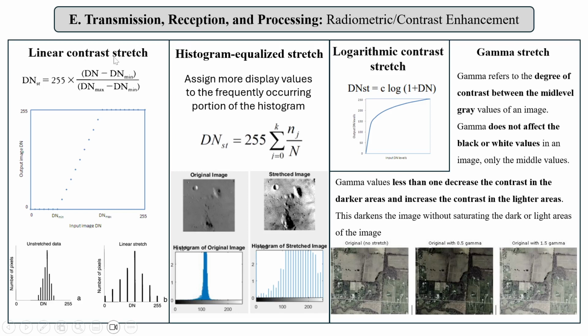The first one is linear contrast stretch. If you see this original image, the DN value is from DN minimum, starting from here. The x-axis is representing the input image DN, so its range is from DN min to DN max, and the y-axis is the output image DN.